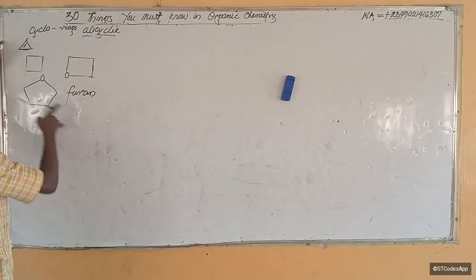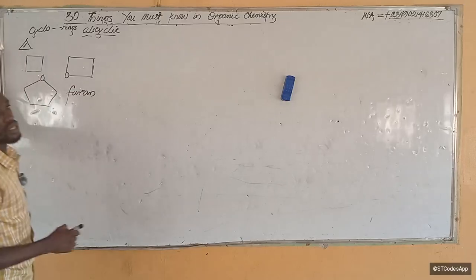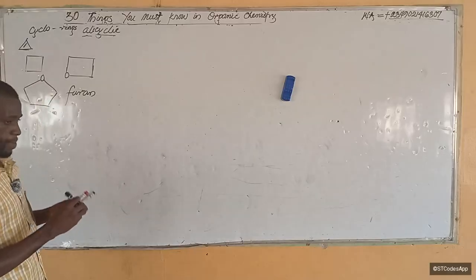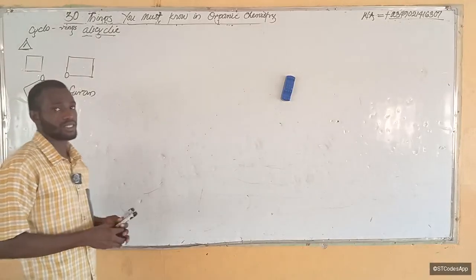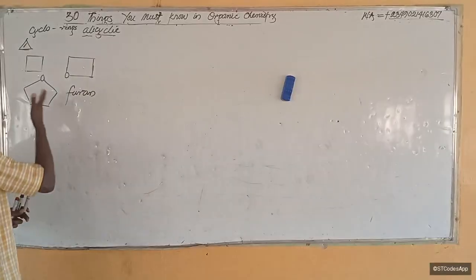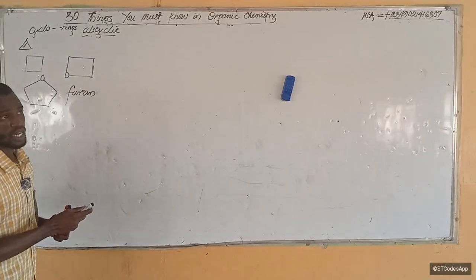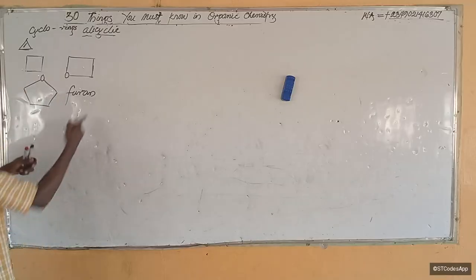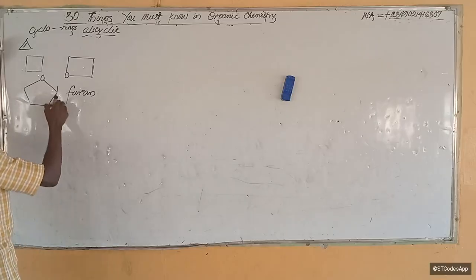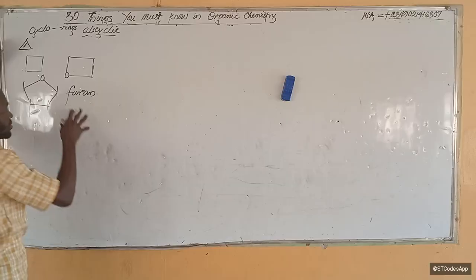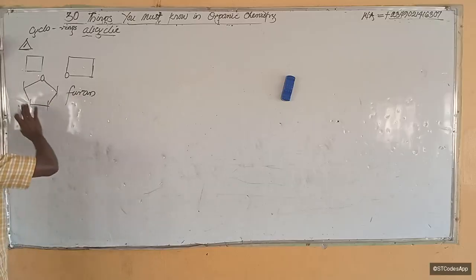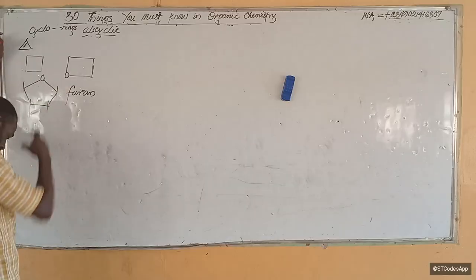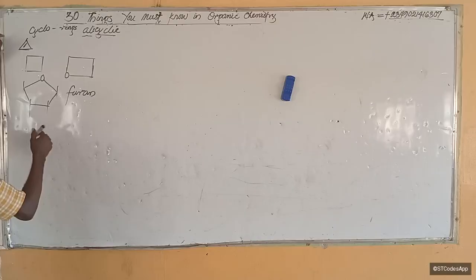This is the base structure for furanose, a five carbon sugar. So furanose will be the name of this sugar by the time I add the other groups, the general name for any sugar that has this as its base structure.